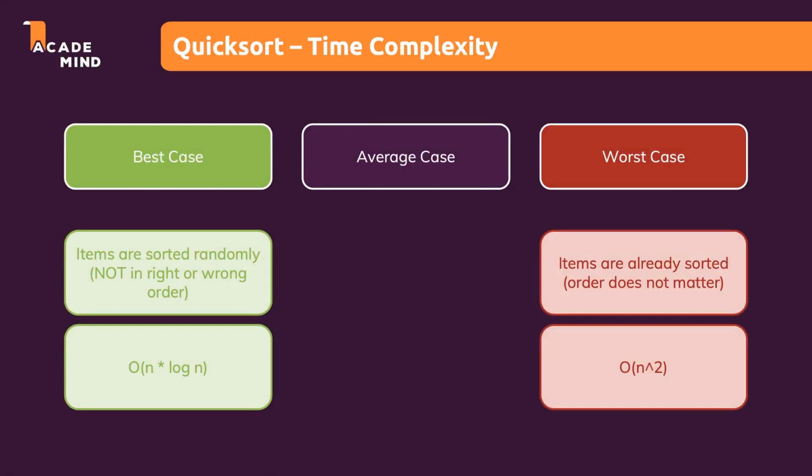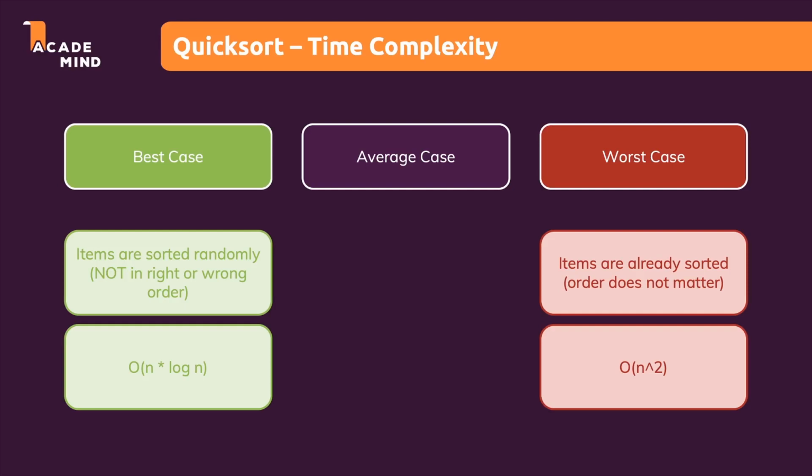Now, the good thing is, on average, of course, we don't really have a sorted array. Because if we know that we always have sorted arrays, we wouldn't need a sorting algorithm. So on the average case, we can rely on the array being split into roughly equal sub-arrays.